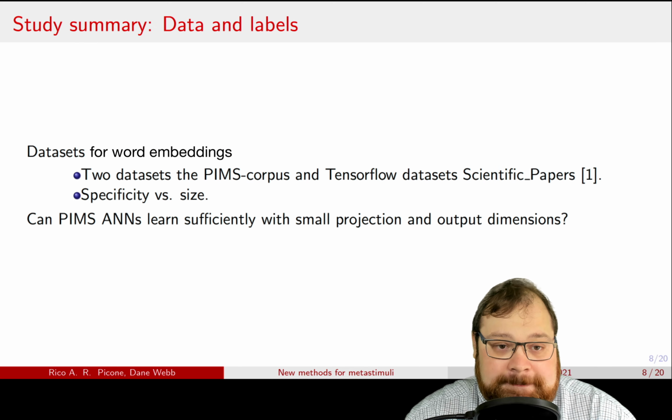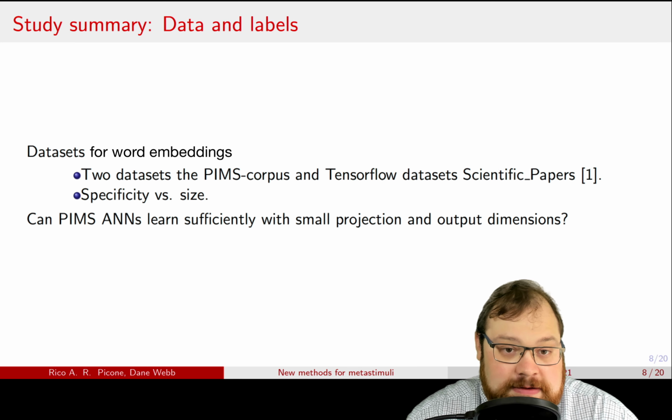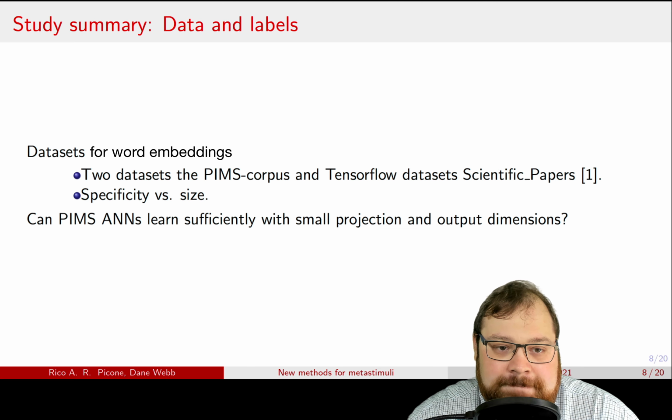For the study, we wanted to determine whether we could use a data set that was already available to a user who had created a PIMS, and that would be the PIMS data set, to create the word embeddings.